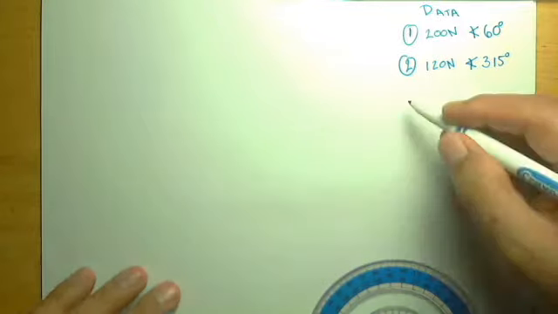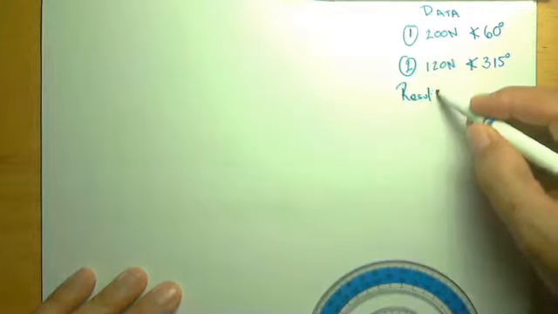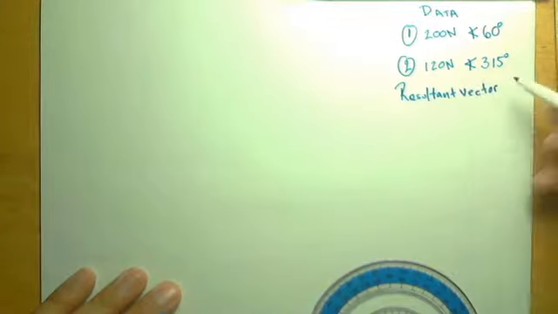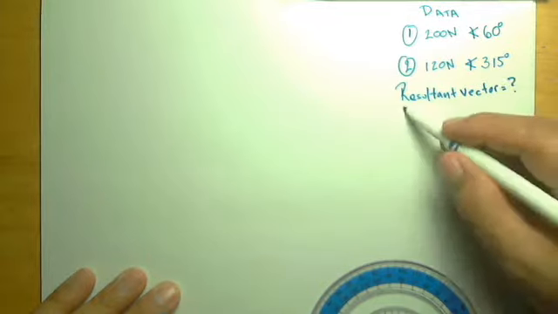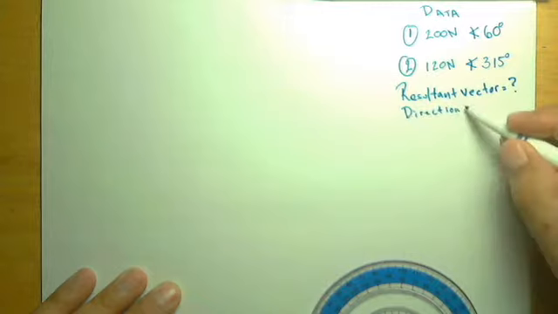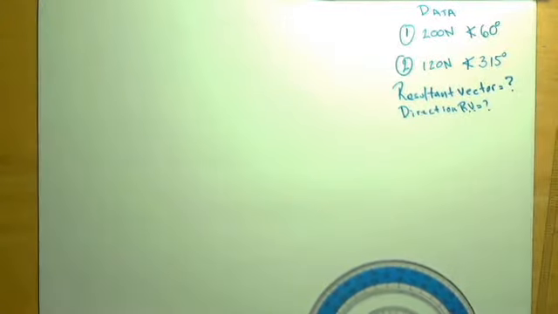We want the resultant vector. We don't know it, and the direction of the resultant vector, we don't know it either. So that's what we want.